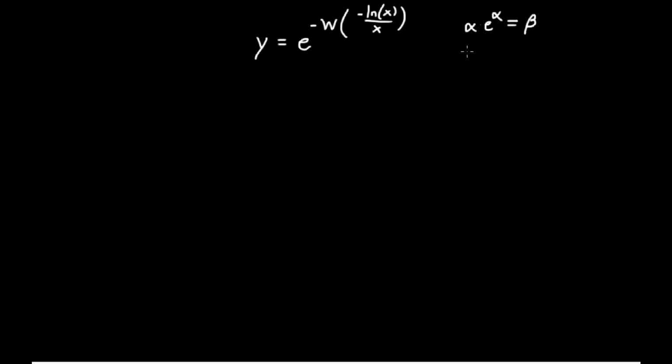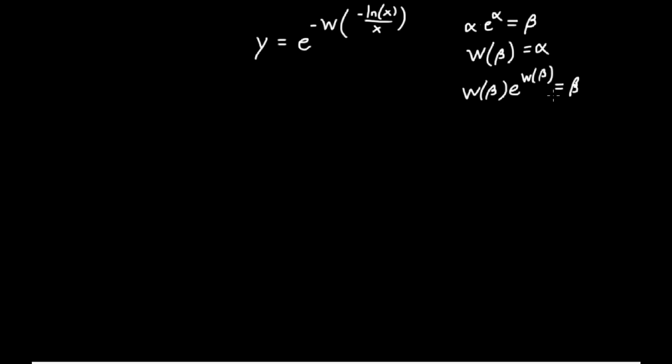Now, from the definition of the Lambert W function, if I take W of beta, that should give me back alpha. And now if I make that substitution for alpha in this equation here, what I get is W of beta times e to the W of beta should be equal to beta.